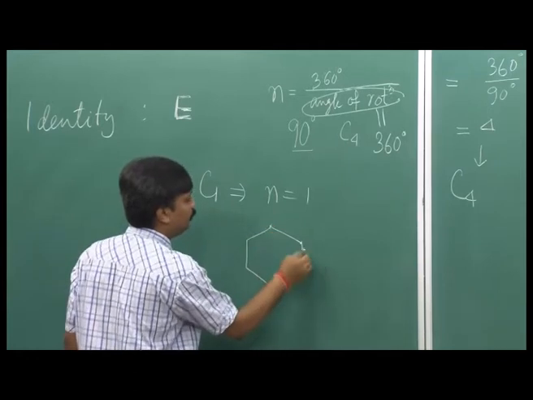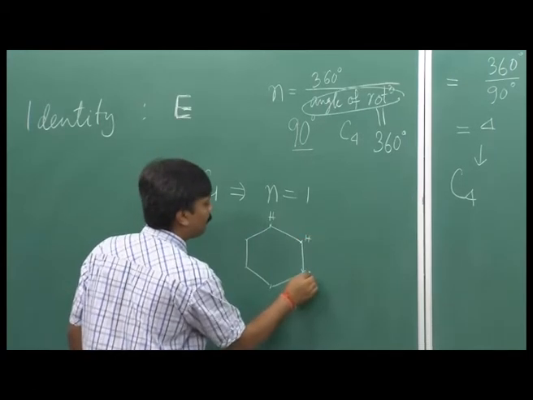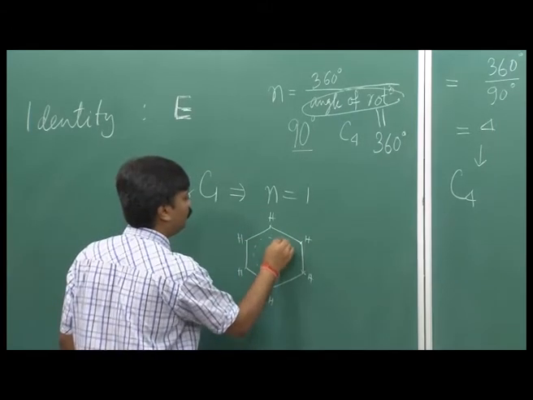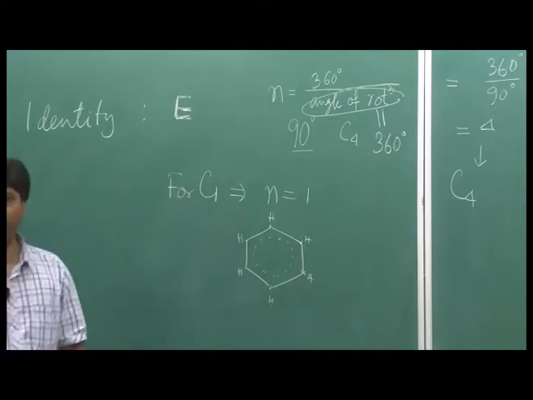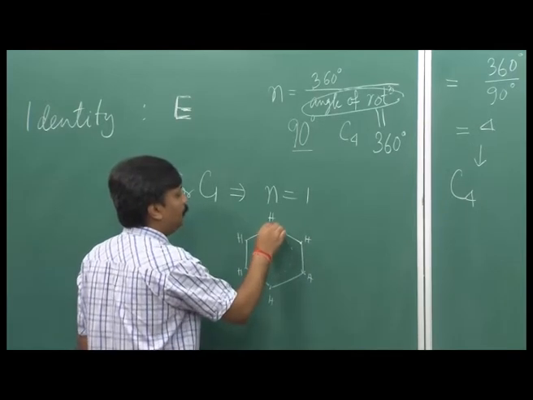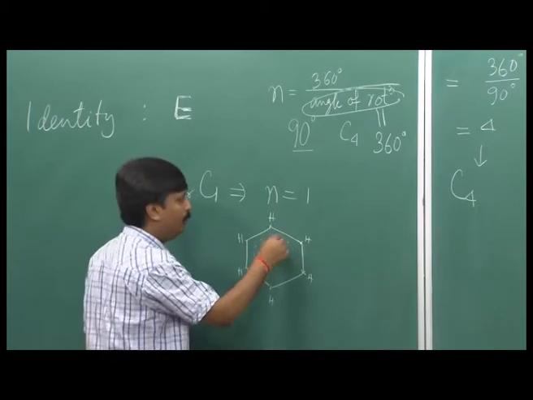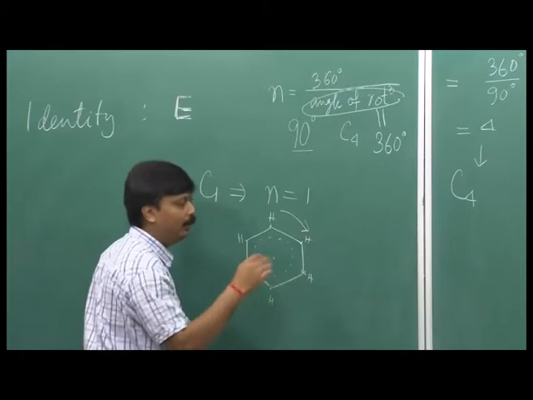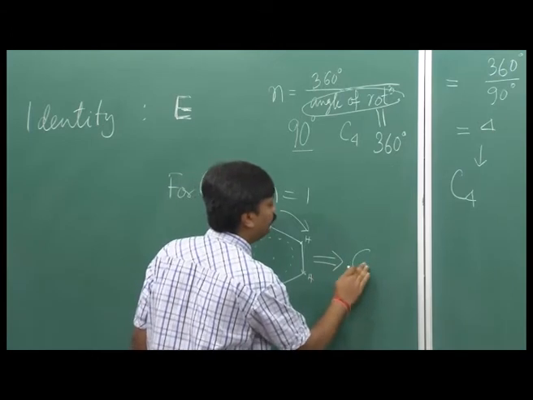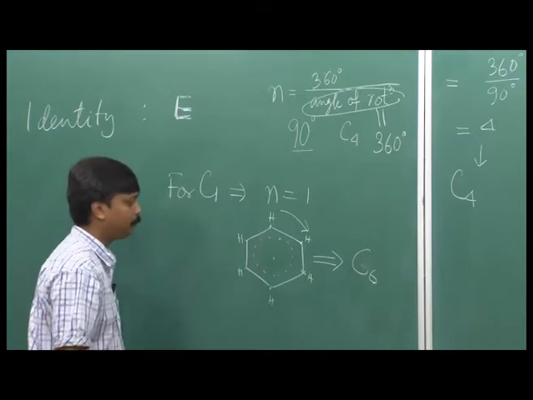So this is the position of the carbon atoms and the associated hydrogens, and if I assume equal distribution of the pi cloud, then I can have an equivalent or indistinguishable structure for every 60 degree rotation about the axis which passes through this point, right. So every 60 degrees I can have the indistinguishable structure, and for this one we have an axis C6, and this particular axis is C6, right.